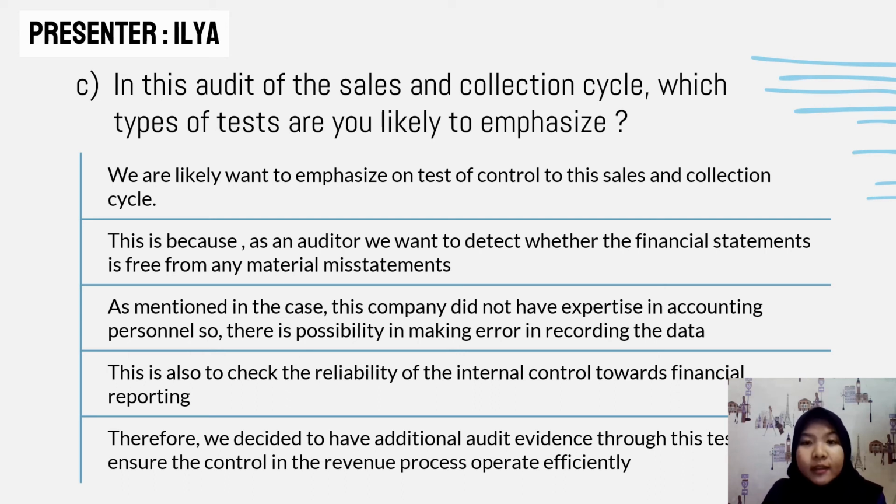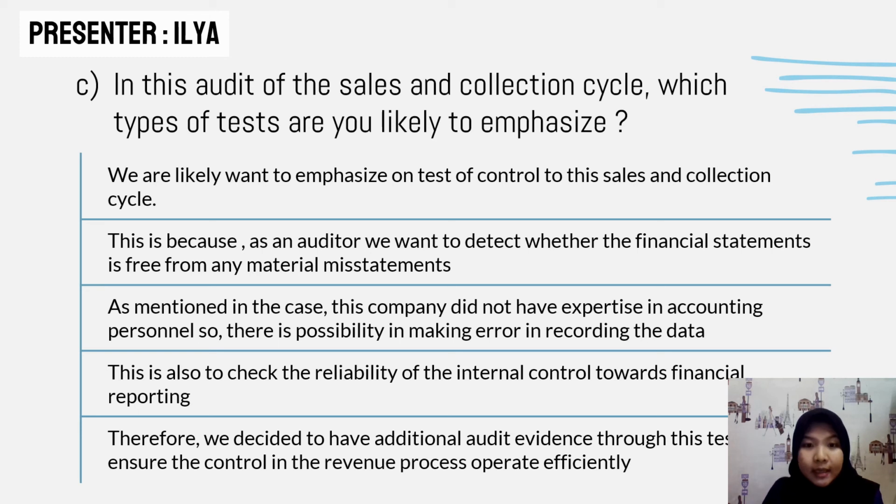The third question is, in this audit of the sales and collection cycle, which types of tests are you likely to emphasize? Our answer is, we are likely to emphasize the test of controls for this sales and collection cycle. This is because, as an auditor, we want to detect whether the financial statements are free from any material misstatement.